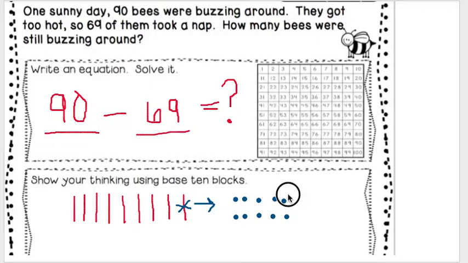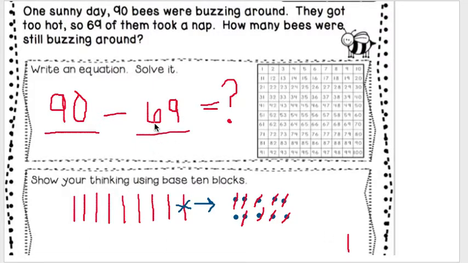So I'm going to mark off 9 ones. 1, 2, 3, 4, 5, 6, 7, 8, 9. All right, I count how many I have left, and I have 1 left. So I'm going to put a 1 in my ones. Now I'm finished with my ones.